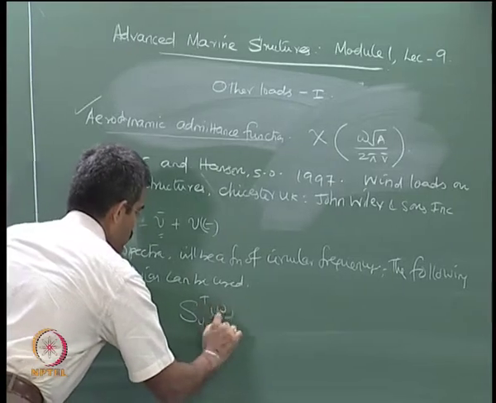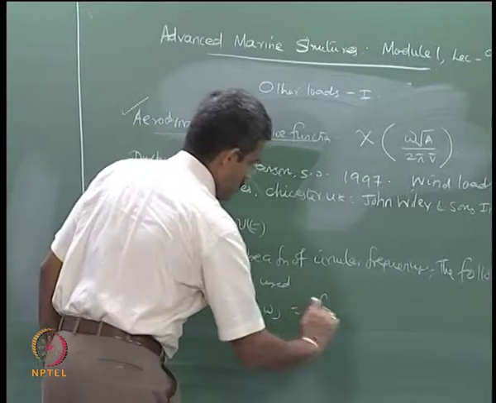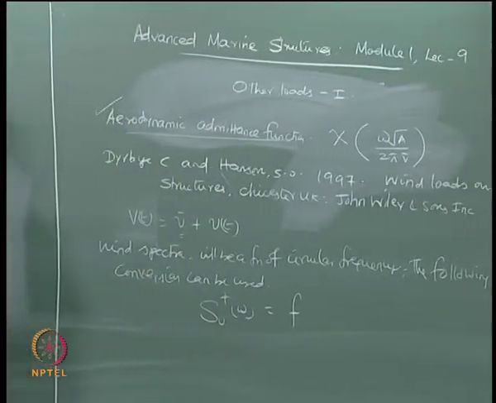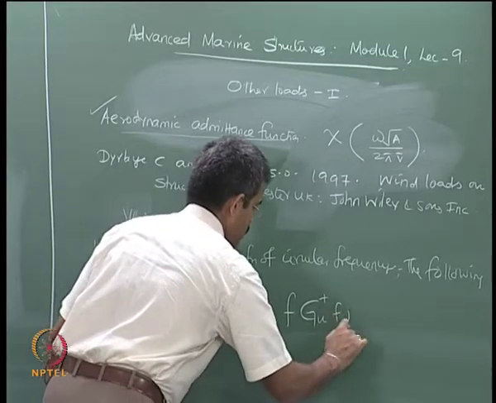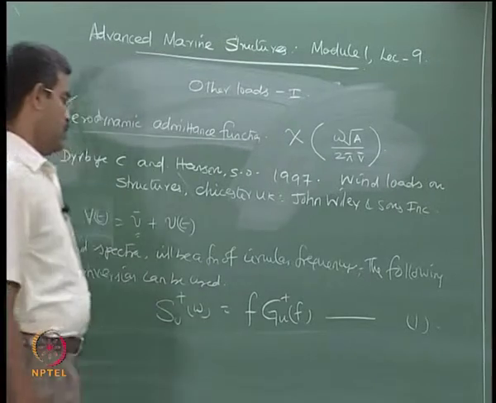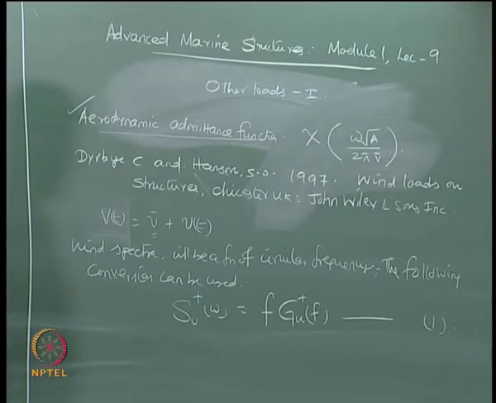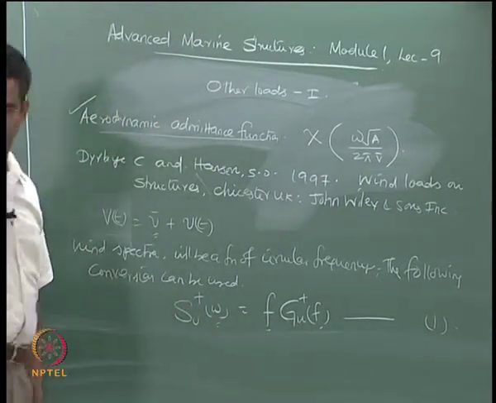So u plus omega will be a function of g u plus f. That is the conversion we have to convert the frequency to circular frequency, when the frequency is otherwise given in general.